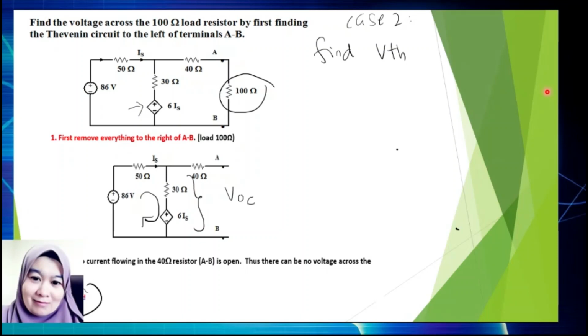So you can use mesh analysis here. So you can draw again the circuit, okay, without the 40 ohm resistor. Then you can find the value of VTH. Okay, so here I try using mesh analysis. Then I write the KVL.